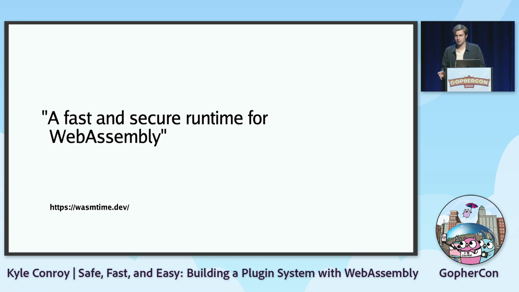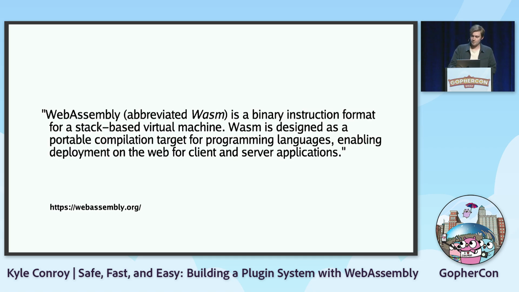I will say, though, for a lot of people, you're probably like, okay, cool, secure runtime, great. What is WebAssembly, right? We've talked a lot over the last few days about WebAssembly. And to be very honest, I'm not going to go super deep into exactly how WebAssembly works, the inner workings of it, because in our case, we really don't need to know too much about it. The biggest thing that we want to know is that basically it's a portable compilation target, right?